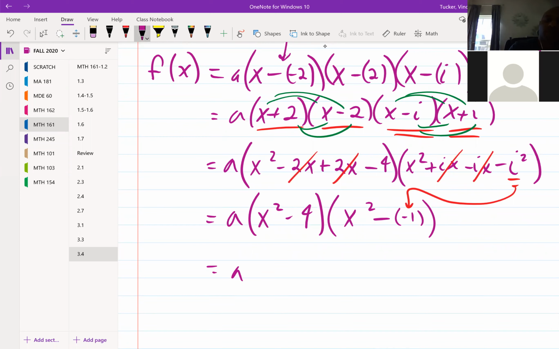So before we do any more distribution, what we have is a times x squared minus 4 times x squared plus 1.